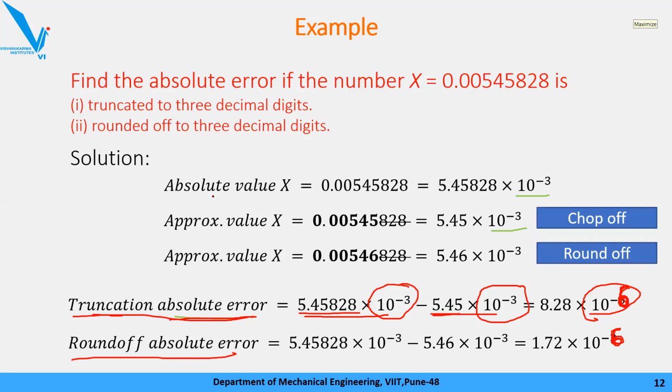So it seems maximum votes go to round off. Okay. So based on the given example and your response, round off is better than the truncation.